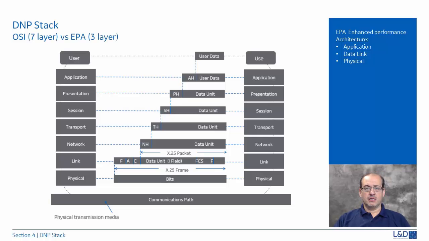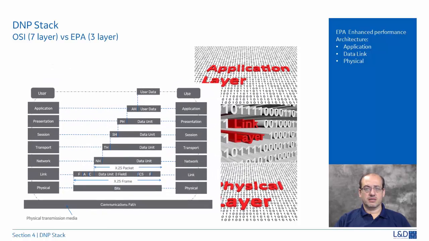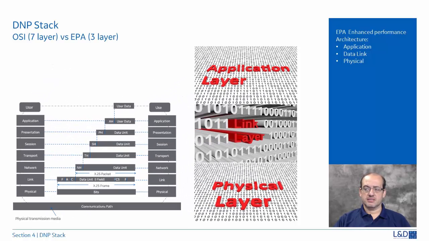Now, the OSI has 7 layers, and the DNP group decided to use the EPA, or the Enhanced Performance Architecture. As you can see in the picture, the EPA has 3 layers. There is the application layer, the data link layer, and the physical layer. Each one of these layers can be broken down further.